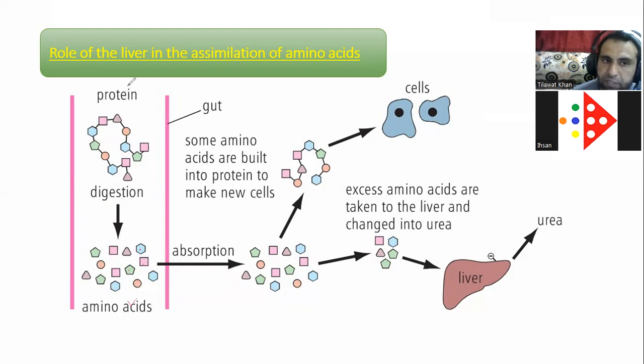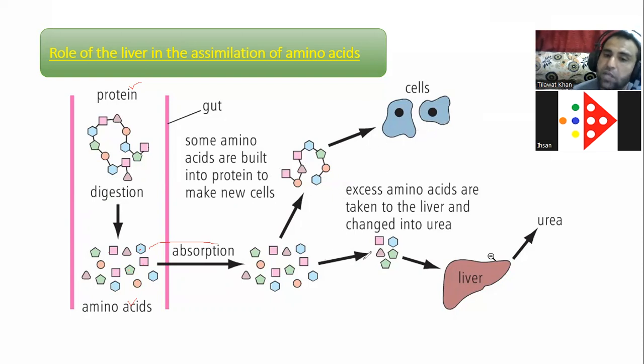Because protein molecules are big, they can't be absorbed into your blood from your intestine; they need to be small. You got it? Yeah. So that small molecule, that amino acid, will be absorbed into your body. Some of the amino acids will join again with each other in different ways, it's not compulsory the same sequence, and it will form your body protein and become part of the cell.